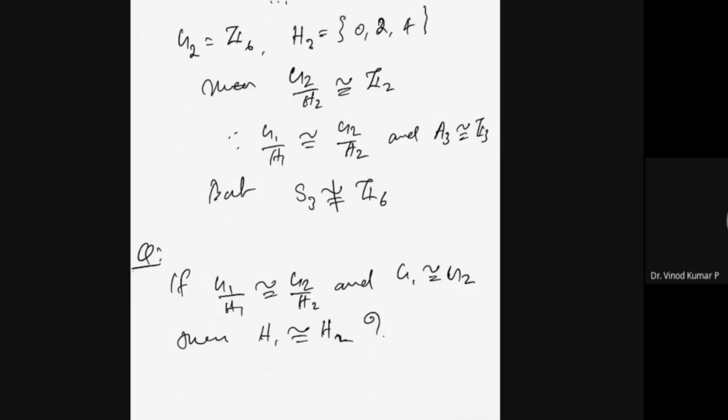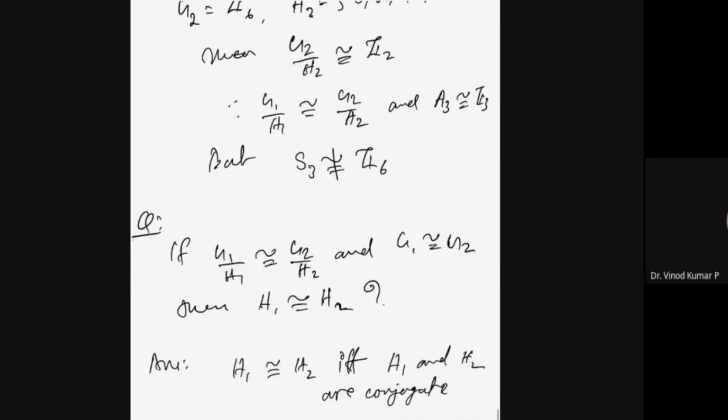So the answer is basically, H1 is isomorphic to H2 if and only if H1 and H2 are conjugates. For the time being, I don't want to go into the details of the proof.